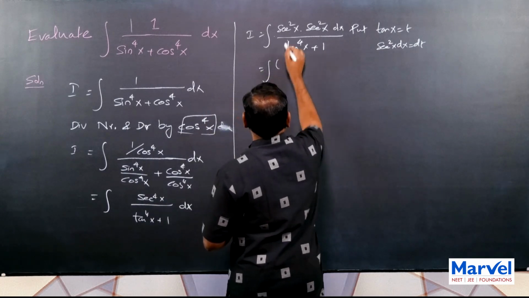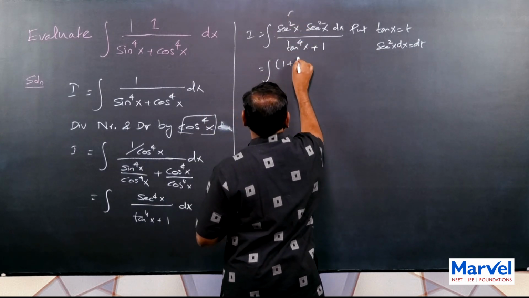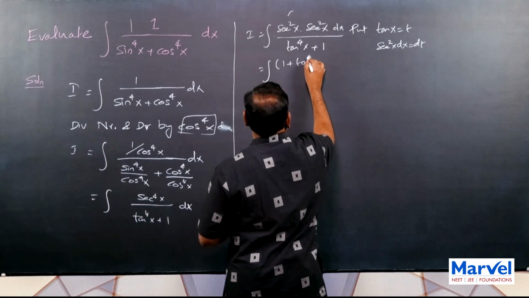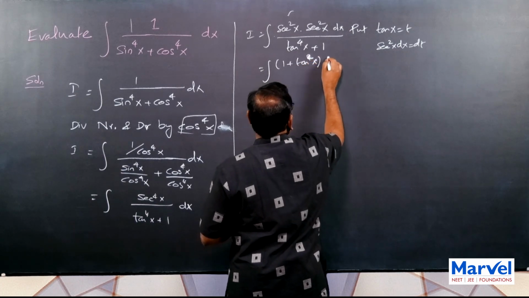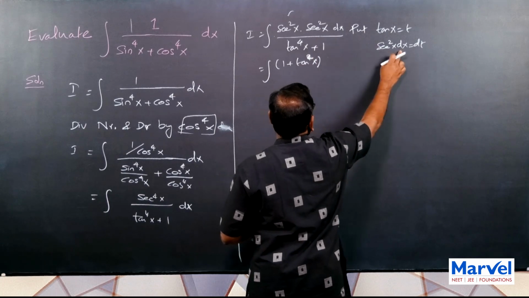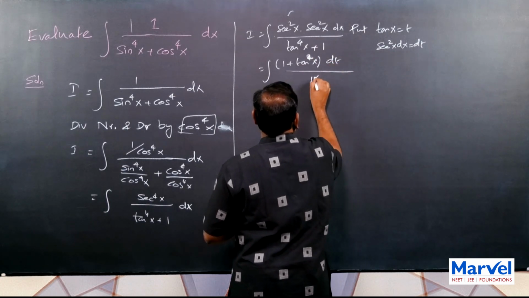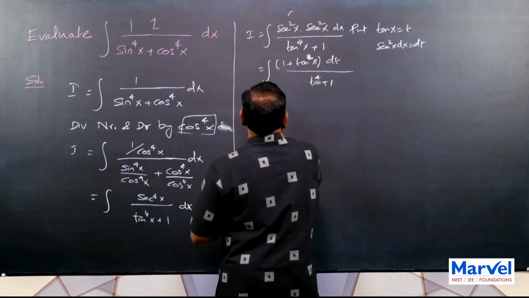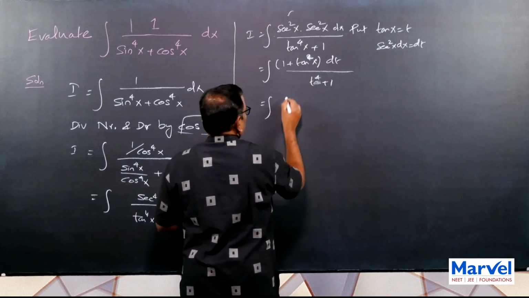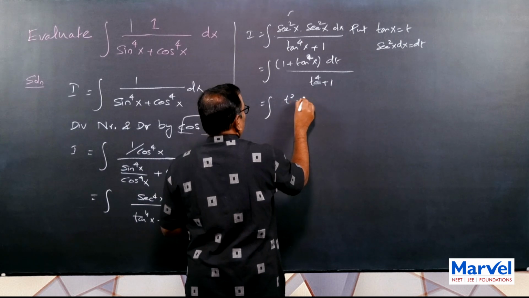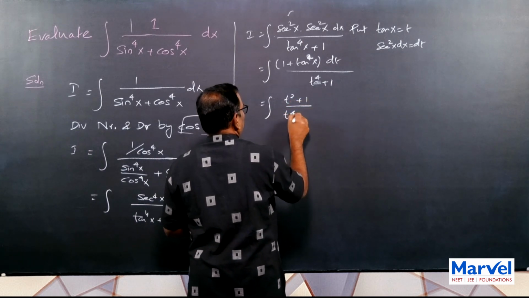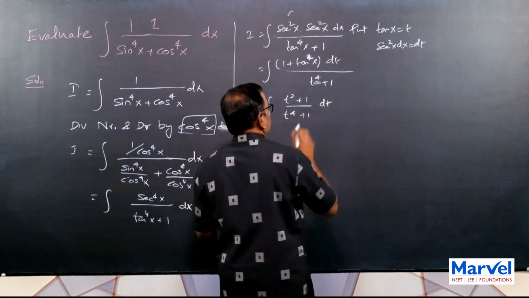The secant square x can be written as 1 plus tan square x, and secant square x dx can be written as dt, by t power 4 plus 1. Again we can replace tan square x: t square plus 1 by t power 4 plus 1 dt.